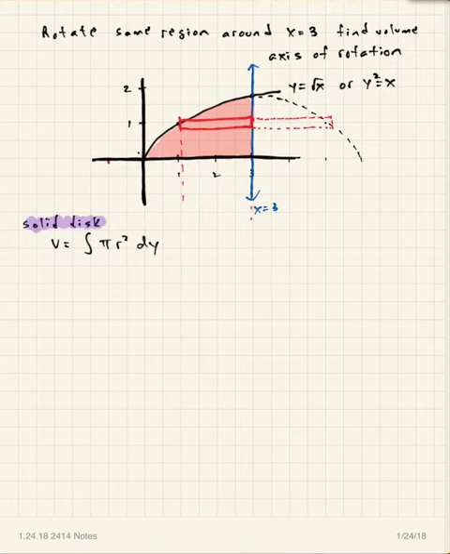And so our integral in this case is just going to be the integral from a to b of pi r squared dy, where r is just the radius of the disk that you're talking about. So in my problem, remember we always draw r from the axis of rotation, since everything's rotating around that axis.